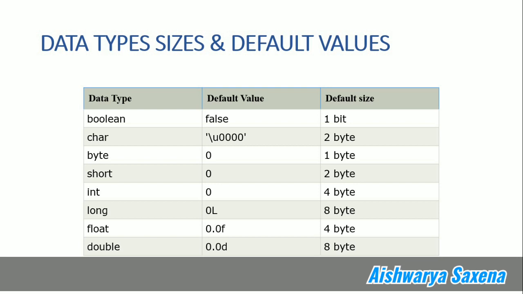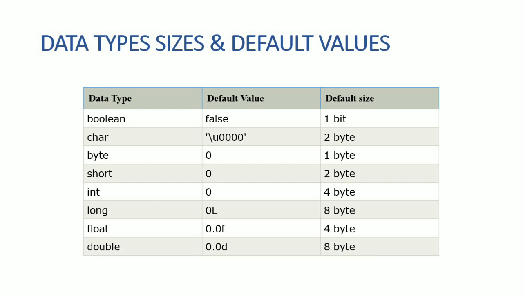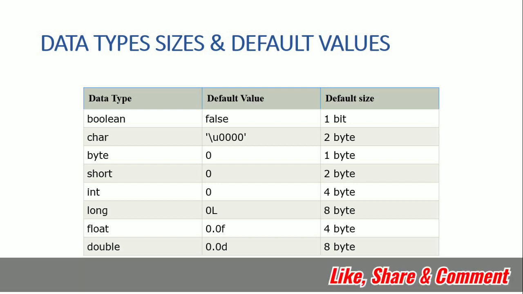When we are declaring a variable, suppose I am taking int a, that int a takes 4 bytes in memory. In Java, an integer takes 4 bytes, but in C++, an integer takes 2 bytes. Long takes 8 bytes. In the case of Java, the char data type takes 2 bytes in memory.